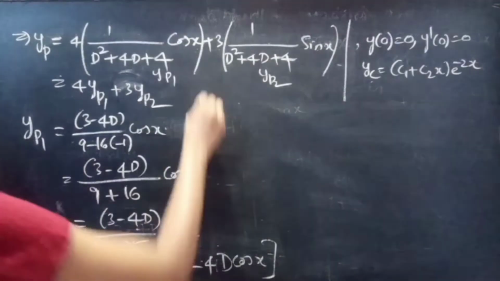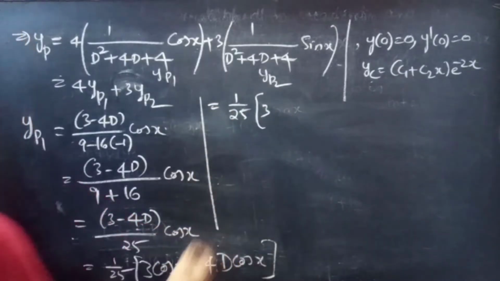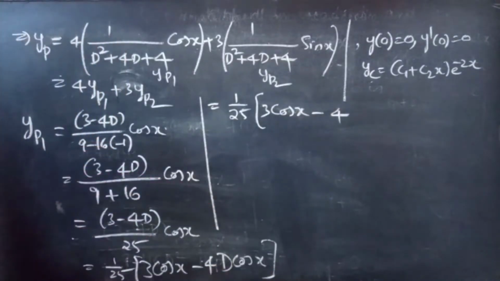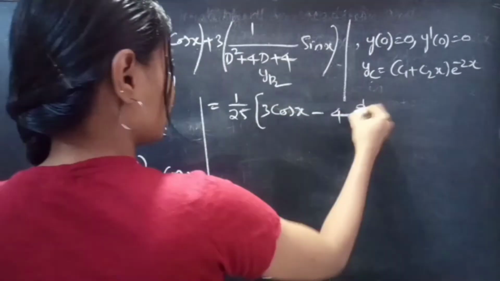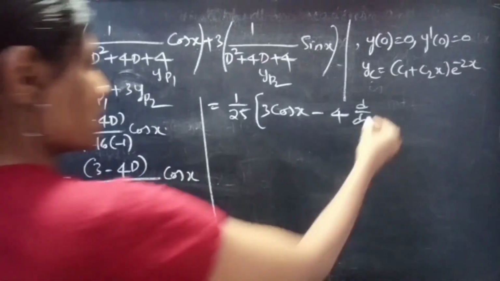This becomes 1 by 25 into 3 cos x minus 4 into, replace D by d/dx, into cos x.